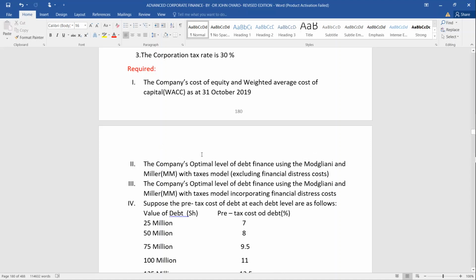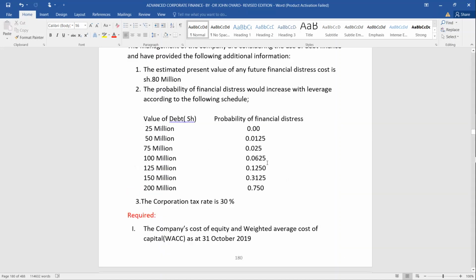For us to be able to determine the optimal level of debt, we have to check the point where the value of the firm is maximized at each of these levels of debt.